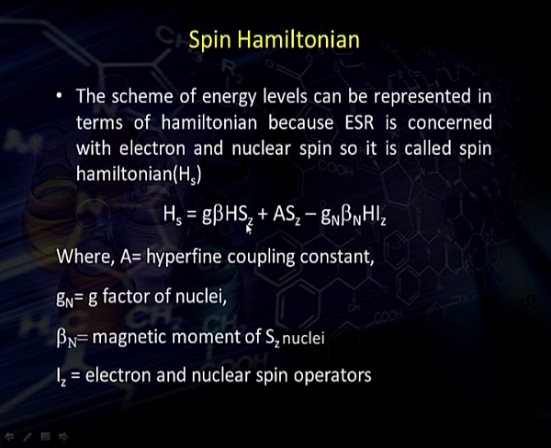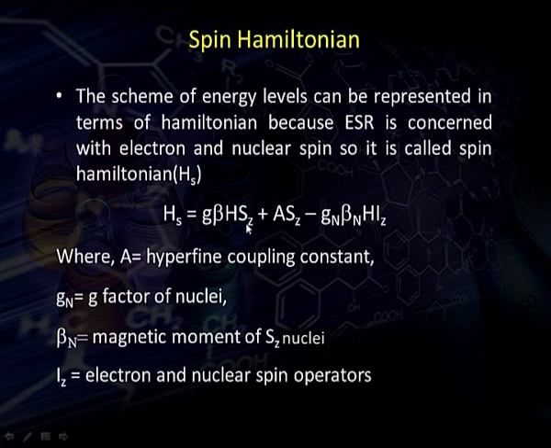We know what is g, we know what is beta, we know what is H. Sz here is the spin operator, plus A Sz. A is the hyperfine coupling constant, minus the third term which is gn beta n H Iz.